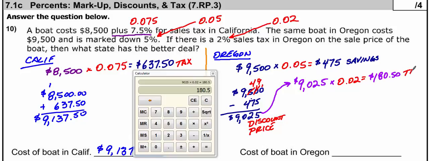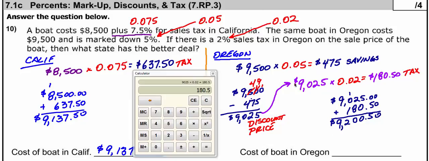That's the sales tax. And we know anytime we've got a tax, we have to add those numbers together. So our final step is going to be to take the $9,025, add the $180.50. 0, 5, 5 plus 0 is 0, bring my decimal down, 2 plus 8 is 10, carry a 1, 1 and 1 makes 2, 9 comes down, and we've got, oh, you know what?